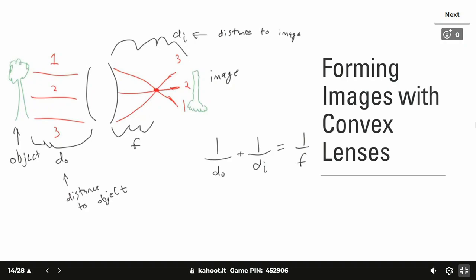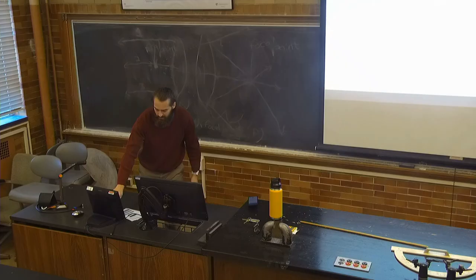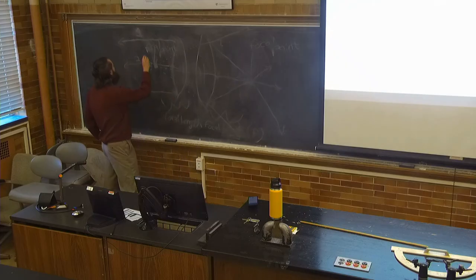Okay, so now what do we do with these lenses? We can take light interacting with the lens, but how do we do something useful with that light? Let's take an object. So let's say we're looking at a tree.